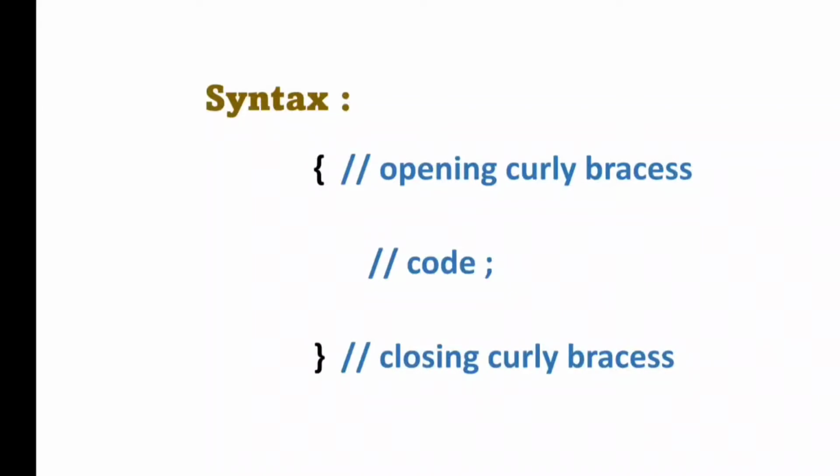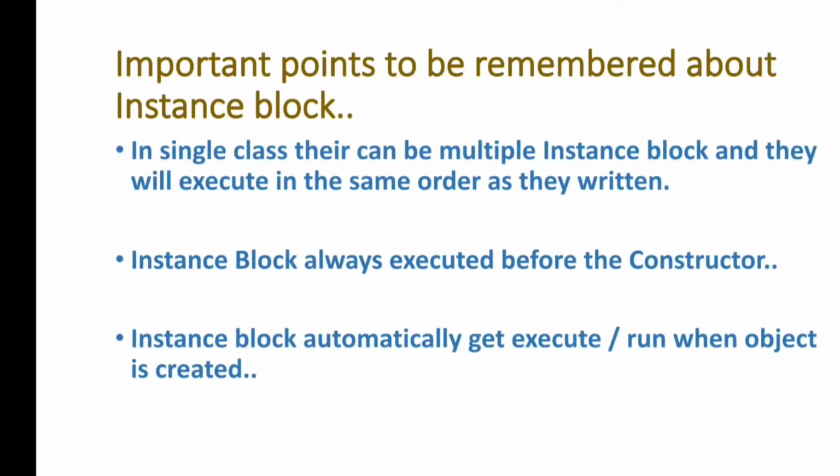Okay, now we are going to see important points to remember about instance block. First point, in a single class there can be multiple instance blocks, and they will execute in the same order as they are written. That means a class can have multiple instance blocks which will execute in the same sequence in which they have been written in the program.